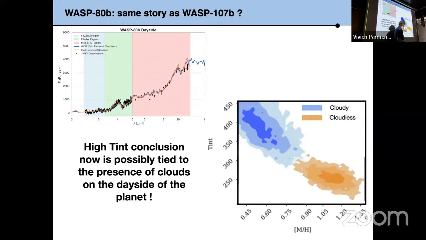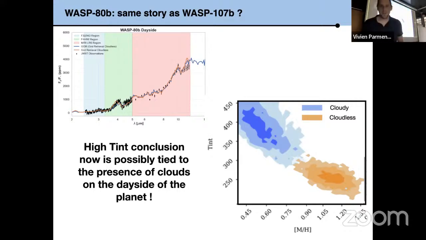Okay? So what I'm trying to tell you is that I'm super excited we get this TNT constraint, but again, physics. Right? Now our TNT becomes a parameter we can fit, which we couldn't before. But obviously, the trust on this parameter is going to depend on my cloud physics.